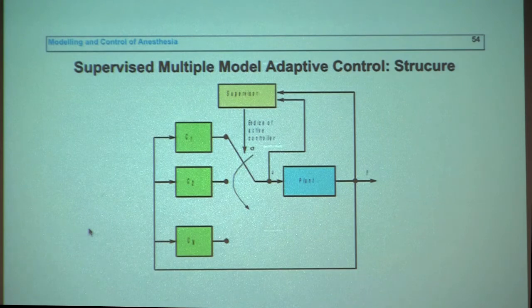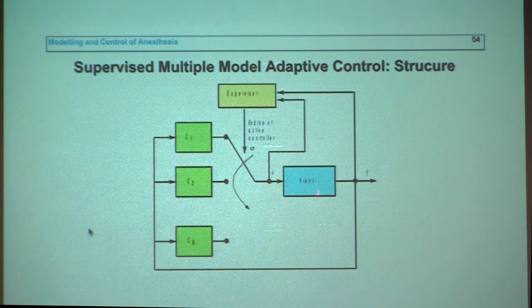You have methods based on Lyapunov functions. You have methods based on the certainty equivalence principle. You have methods like these ones. You have a number of different controllers, and you have a supervisor that looks at the data and tries to decide which is the controller most suitable to be applied to the patient.